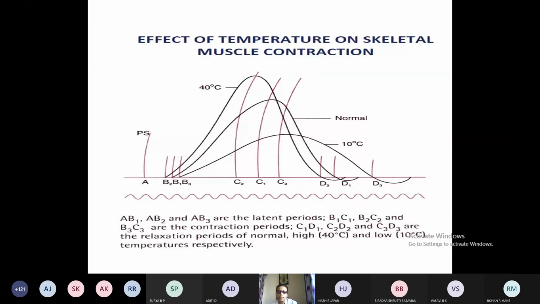Because of this inactivation, we cannot perform the further experiments. So we first use the normal Ringer solution, after that the curve derived with the high temperature Ringer solution, and the last one is the Ringer solution with cold temperature. Meanwhile, we are getting three different latent periods: from A to B2, from A to B1, from A to B3.